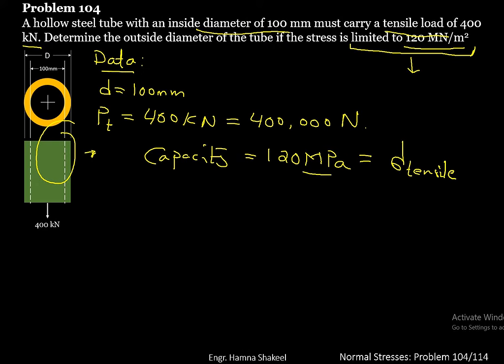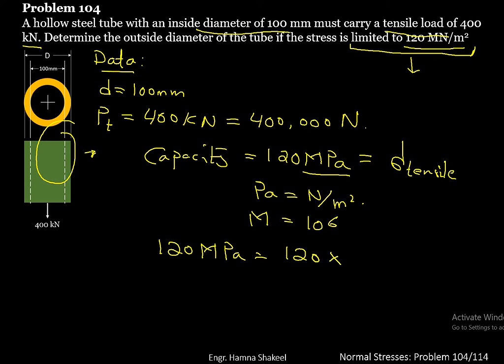Let's talk about this unit a little bit. Pascal is equal to Newton per meter square and mega is for 10 raised to power 6. So 120 megapascal can be written as 120 into 10 raised to power 6 Pascal or 120 into 10 raised to power 6 Newton per meter square.